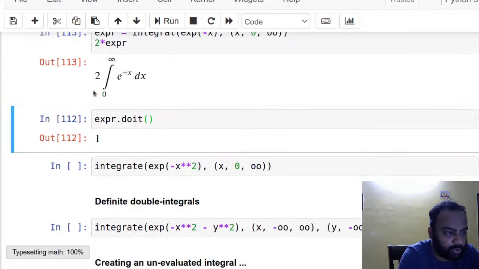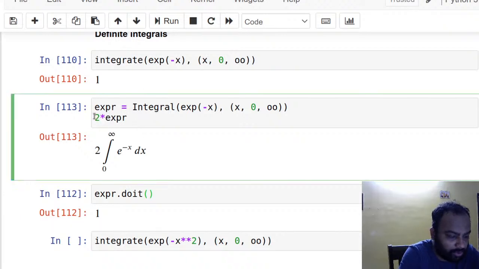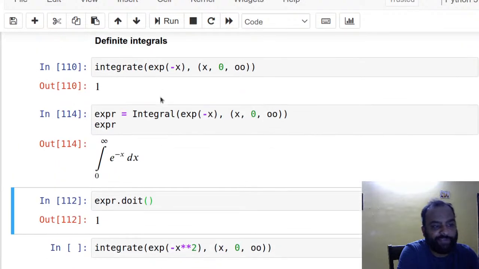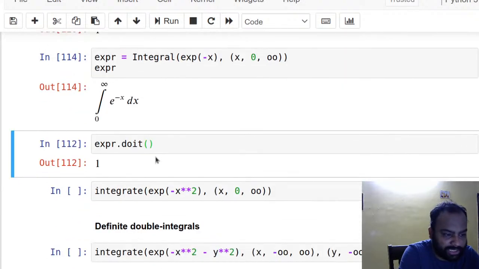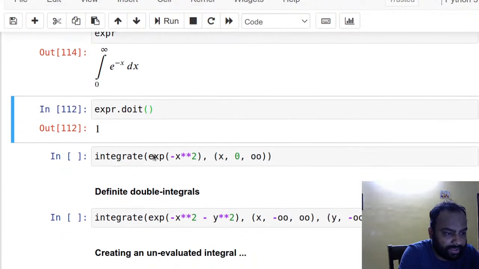So for example, if I say 2 star this, then this becomes another expression. But again, if you want to evaluate this later on, then only do this, otherwise just do the integrate. Okay, got it, I think.